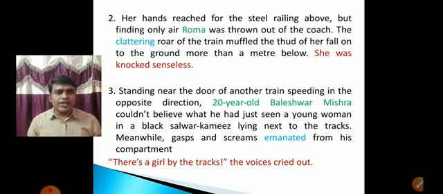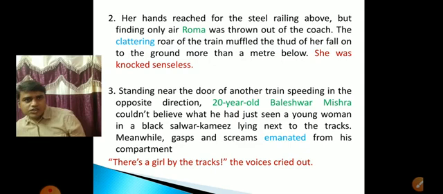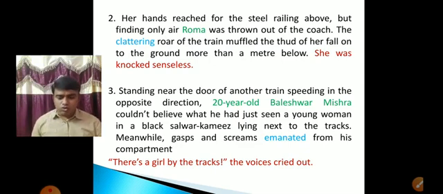The clattering roar of the train muffled the thud of her fall on the ground more than a meter below. She was knocked senseless. See, children, when she was thrown out of the coach, there was that clattering sound. Clattering in the sense of the chukubuku sound. Got it?